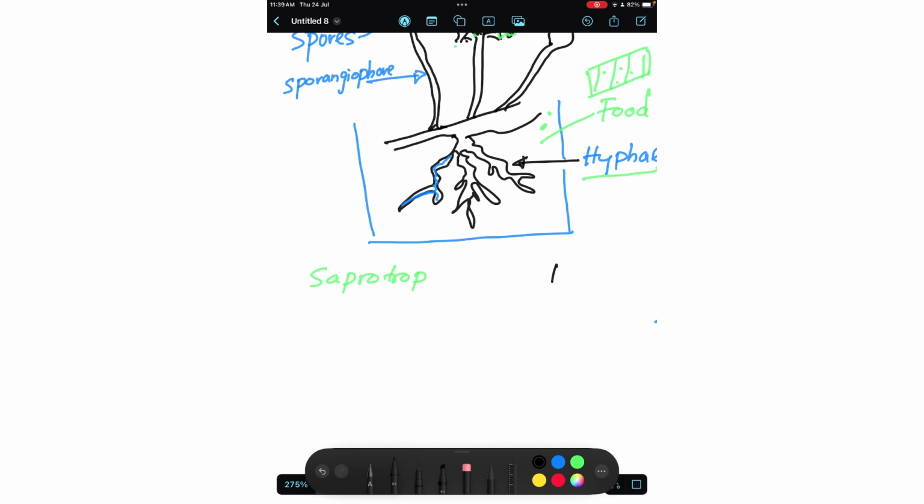They live and feed on dead organisms. Saprotrophic or saprophytic, they live on dead organisms.